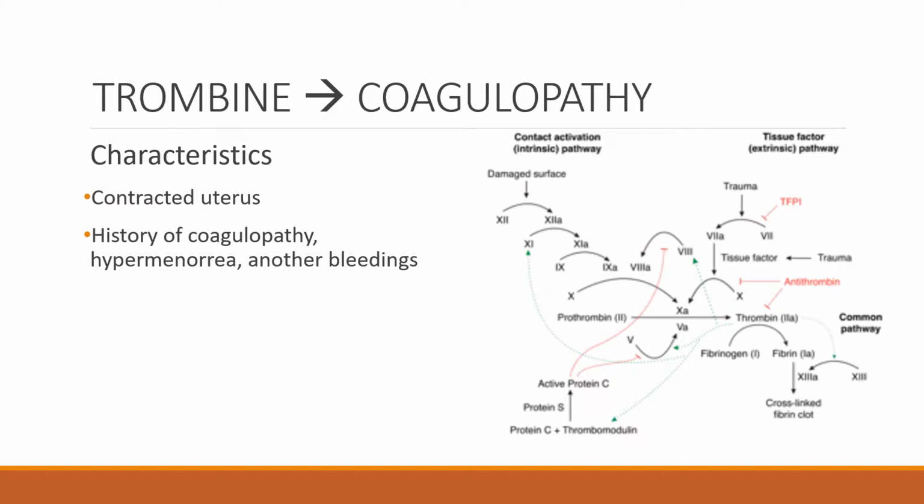So we always have to rule out uterine atony. And as I told you, the most important thing is to take a good anamnesis from the patient. So we will look for a history of coagulopathy, hypermenorrhea, and other bleedings, epistaxis, etc.